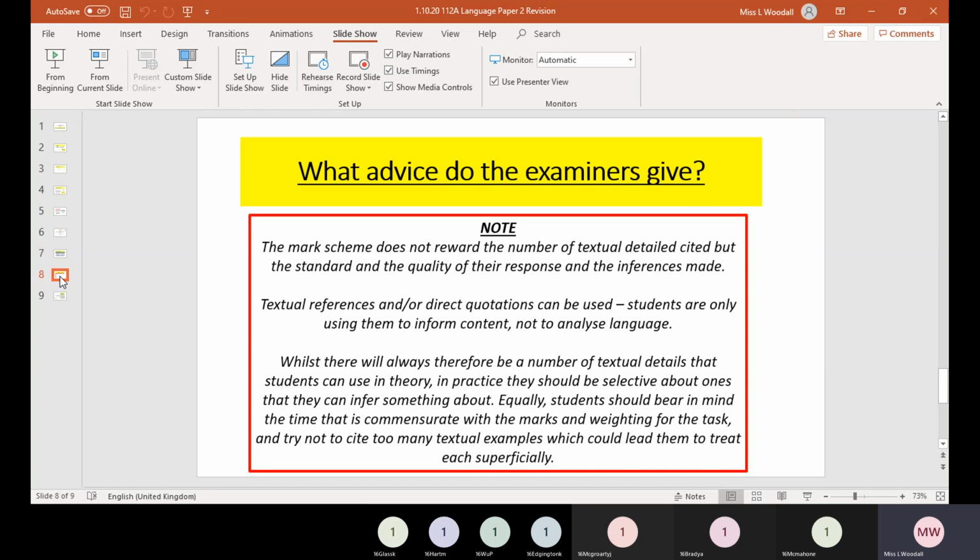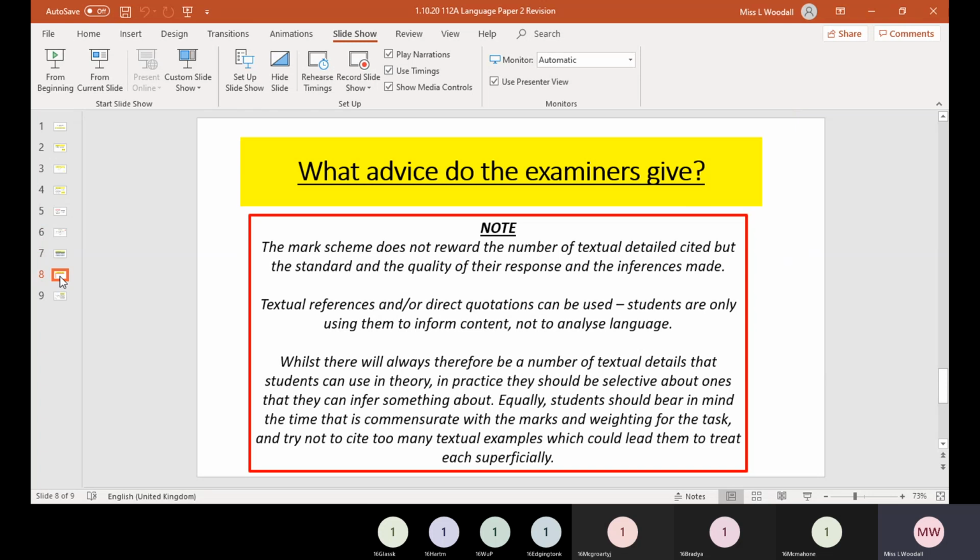So textual references and or direct quotations can be used. Students are only using them to inform content, not to analyse language. So this is something you need to remember for this question. You are only inferring, which means at no point should you be saying the use of this simile or this adjective, for example.